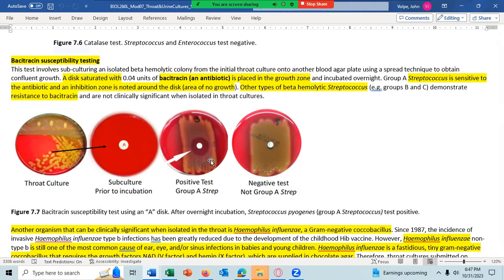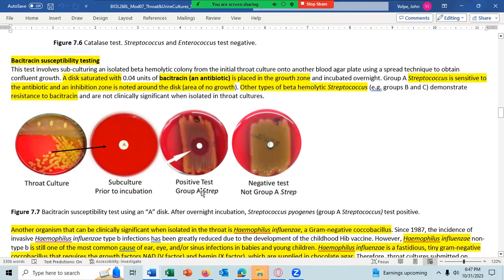And then you look to see if the bacteria is sensitive to bacitracin. If the zone of inhibition is something like 14 millimeters or greater, then the bacteria is sensitive to bacitracin.